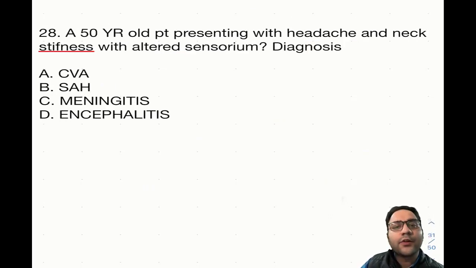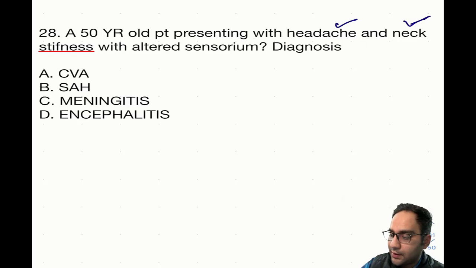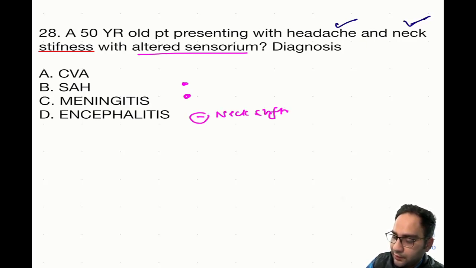Next, another question from neurology. A 50-year-old patient presenting with headache and neck stiffness is being asked. Now, headache, neck stiffness and altered sensorium you can get in subarachnoid hemorrhage, you can get in meningitis. Encephalitis will not have neck stiffness, and CVA also will not have neck stiffness.